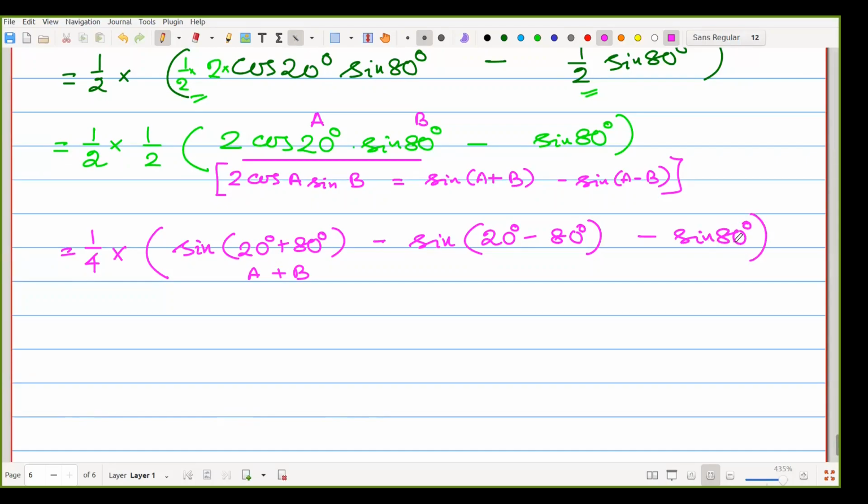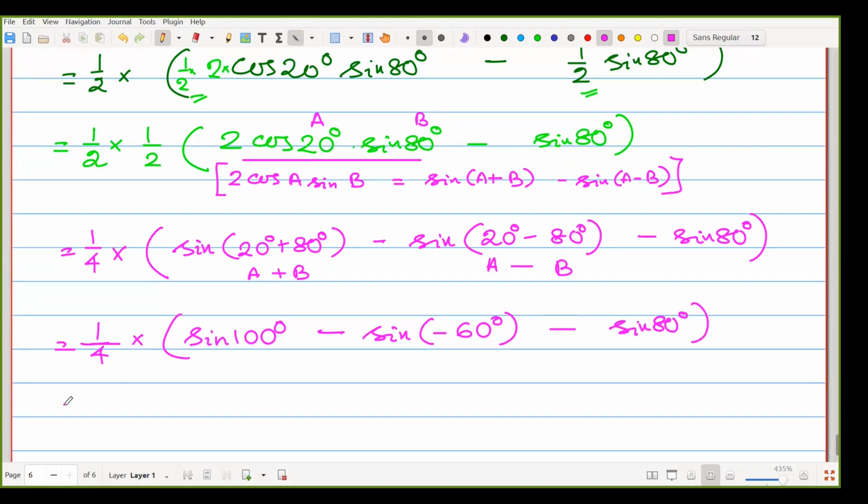So that one is 1 by 4 into sine of 100 degree minus sine of minus 60 degree minus sine of 80 degree.